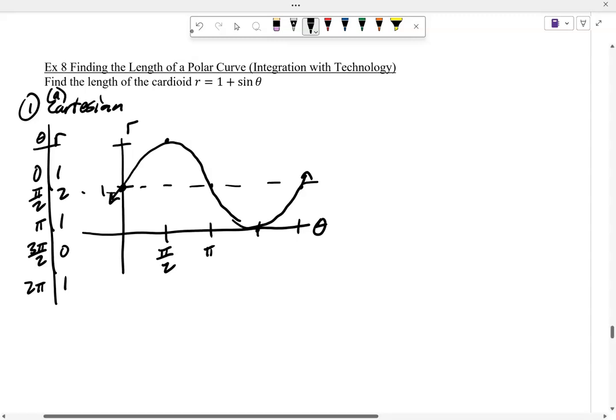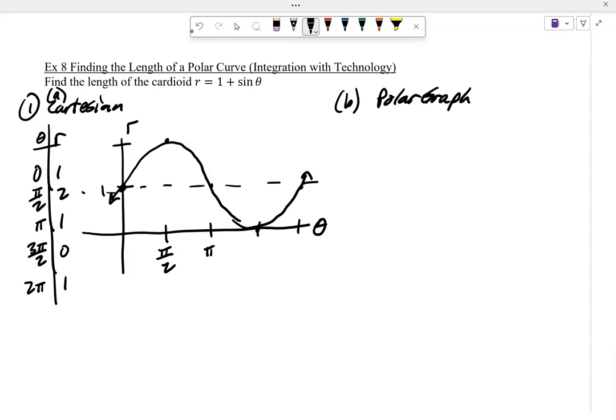Here's part A, we'll do part B, our polar graph. Notice a and b are 1, so this is a cardioid limaçon that's symmetric about the y-axis.